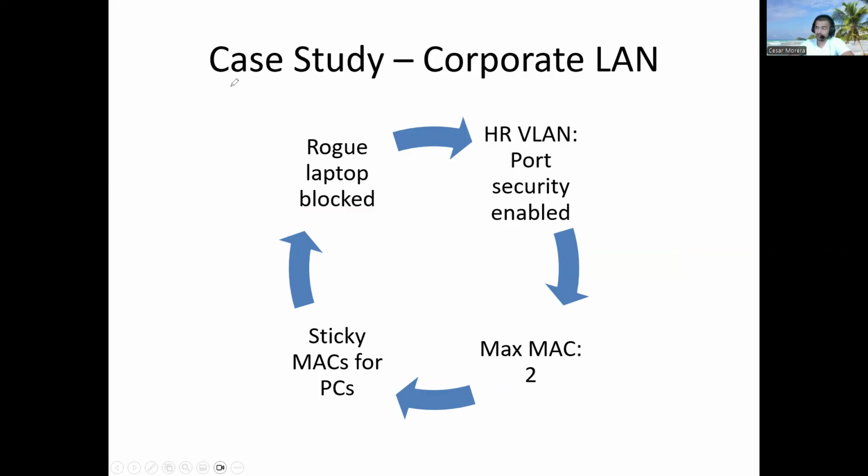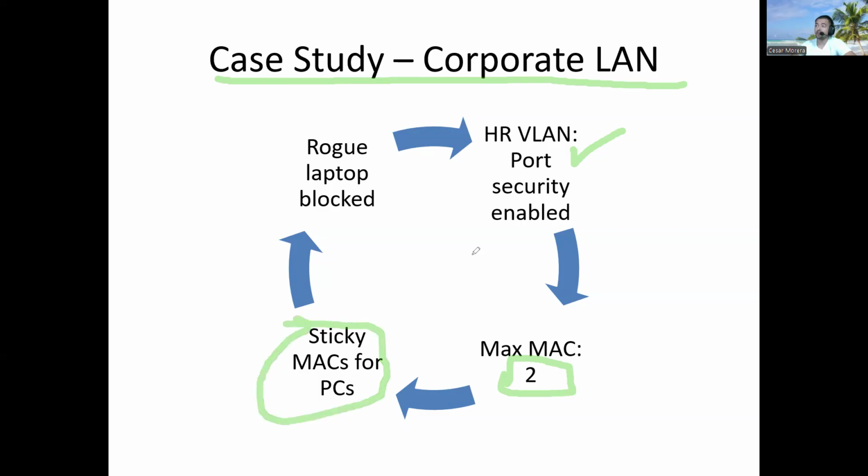The HR VLAN must have port security enabled. There is a maximum of 2 MAC addresses. Depending on how many employees need this access, you have to calculate. The sticky MAC address for the PCs is also another recommendation. And finally, a rogue laptop block.